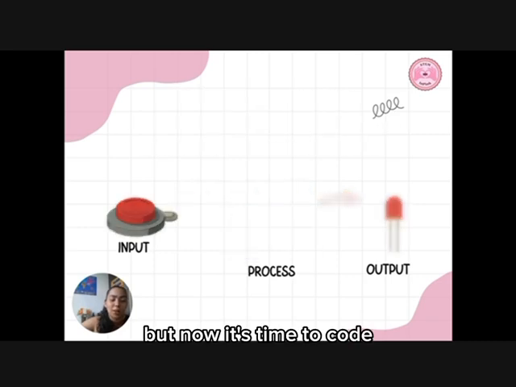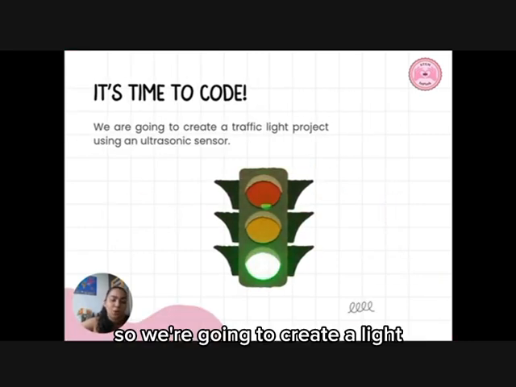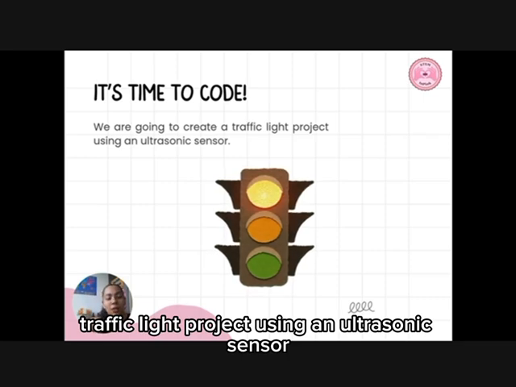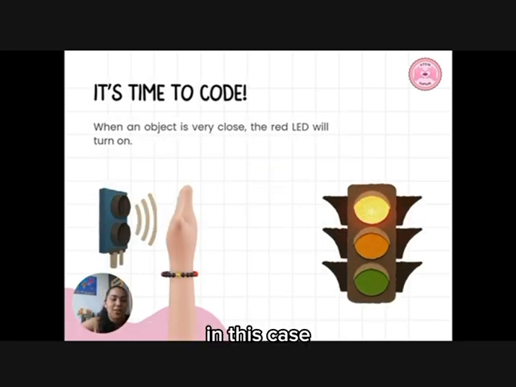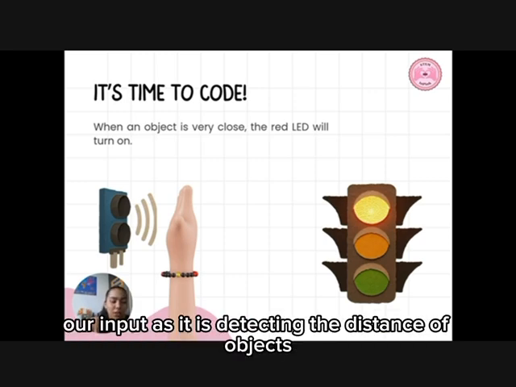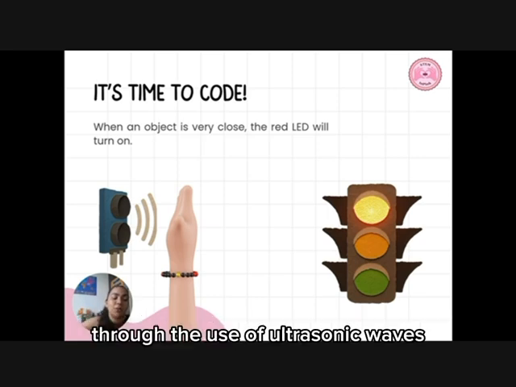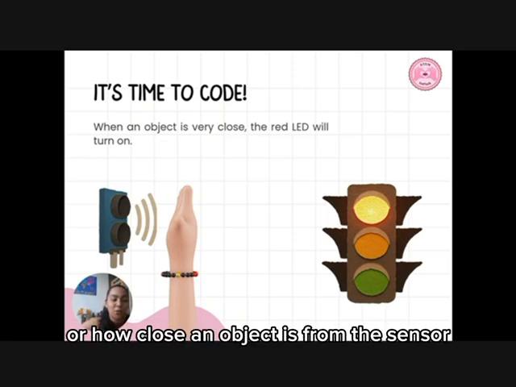But now, it's time to code. So we're going to create a traffic light project using an ultrasonic sensor. In this case, the ultrasonic sensor is going to be our input, as it is detecting the distance of objects through the use of ultrasonic waves, and it allows us to know how distant or how close an object is from the sensor.